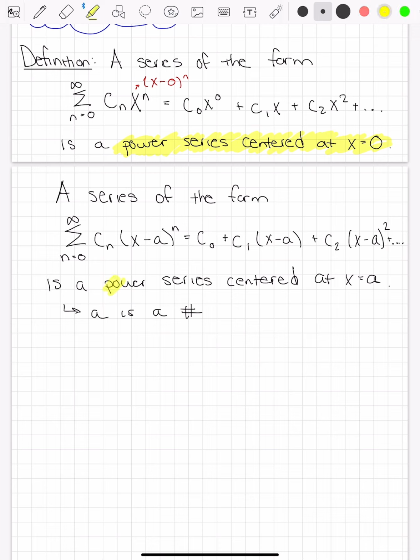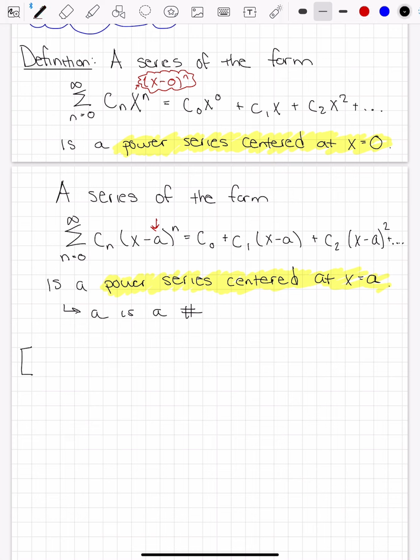There are two kinds of power series. Technically it's all one kind, but the center is either 0 or non-zero. Either you're going to see the a explicitly written, the non-zero, or you're going to see an imaginary 0 that we don't bother writing because that would be a waste of our time.